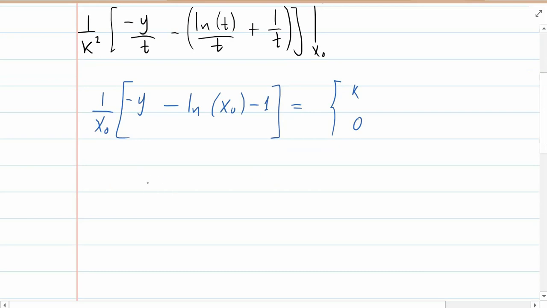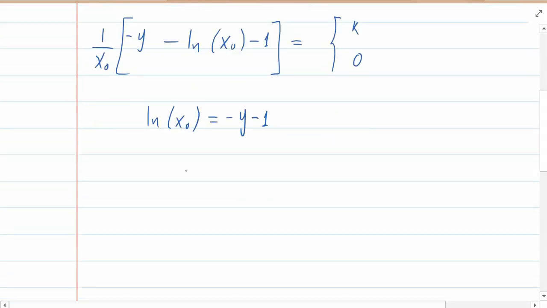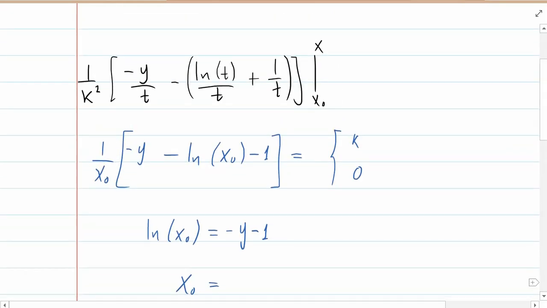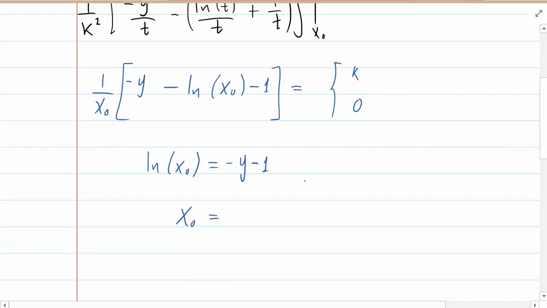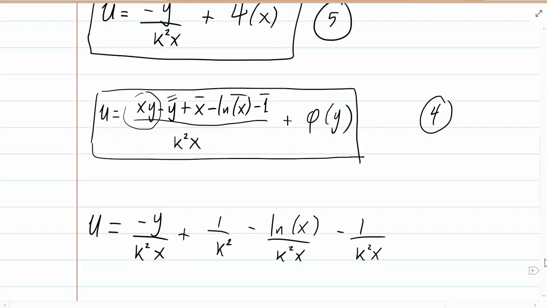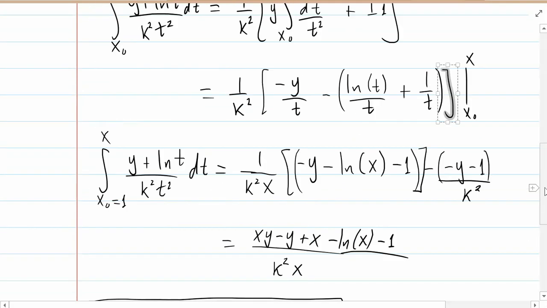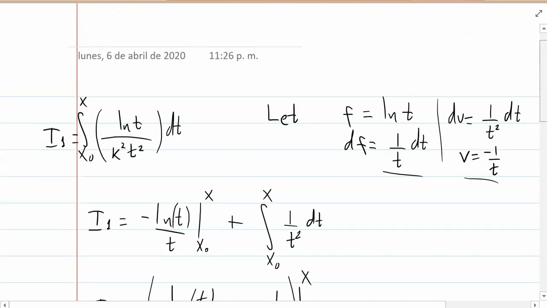Basically, I need natural log of x naught is equal to negative y minus 1. There you go. So that means that x naught is equal to e to the negative y minus 1. If I choose that value for x naught, then the function itself will cancel.